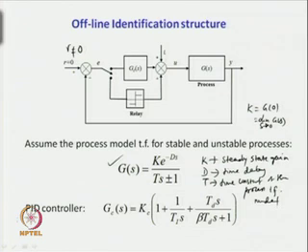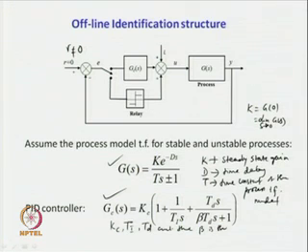Let the controller be a PID controller given by Gc(s) equals Kc times 1 plus 1 upon Ti s plus Td s upon beta Td s plus 1, where Kc, Ti, Td are the parameters of the PID controller, and beta is the derivative filter constant.